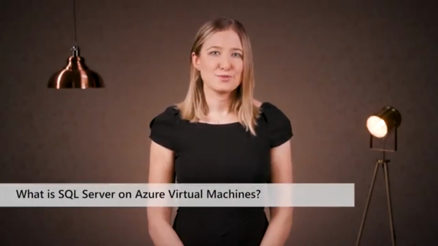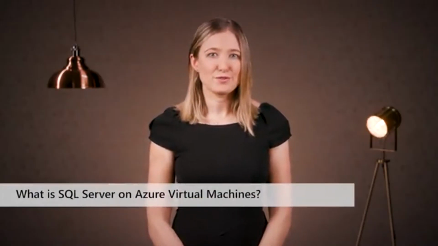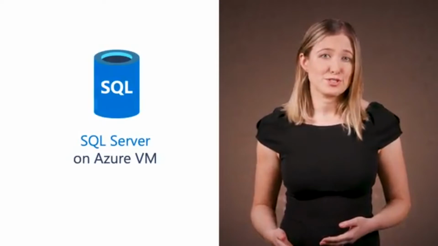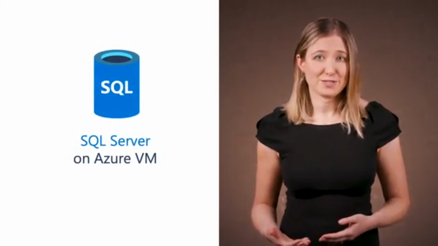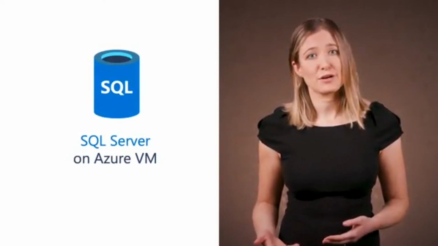SQL Server on virtual machines enables you to use full versions of SQL Server in the cloud without having to manage any on-premises hardware. This is an example of the IaaS approach. SQL Server running on an Azure virtual machine effectively replicates the database running on real on-premises hardware.